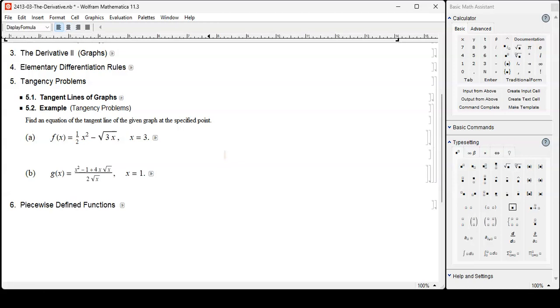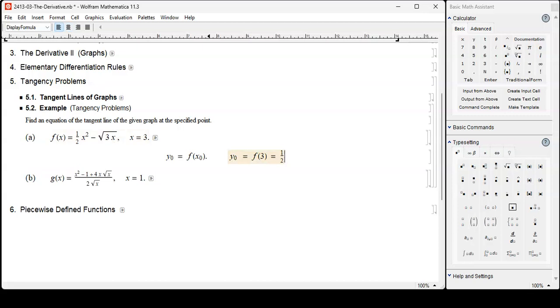Okay. Step 1, let's find y0, that is f of x0. In this case, f of 3. So plug in x equal to 3 here. What do you get?